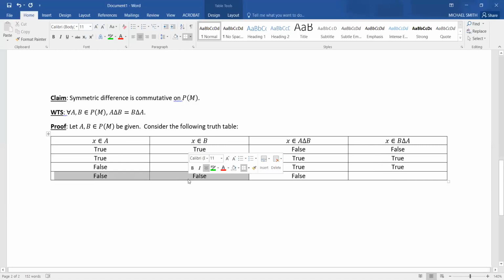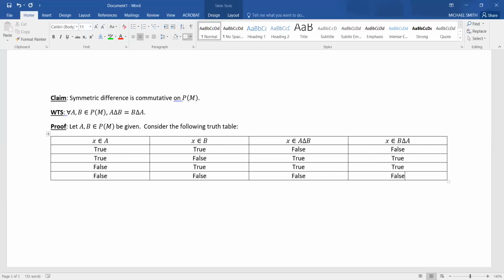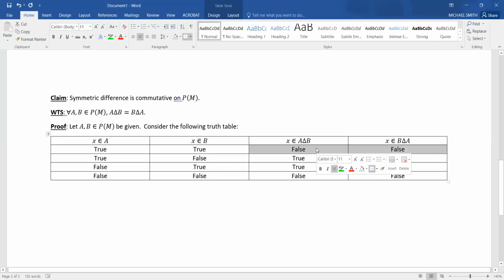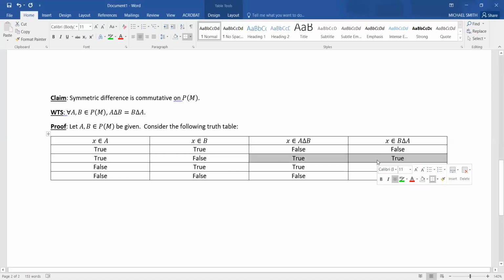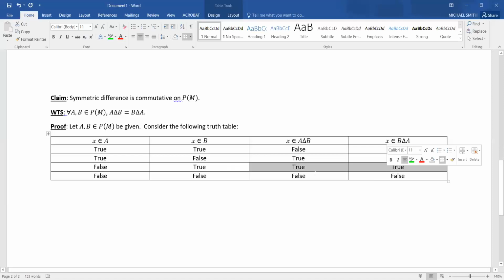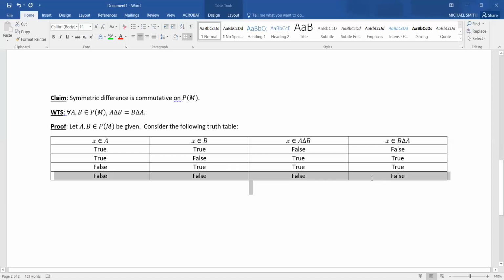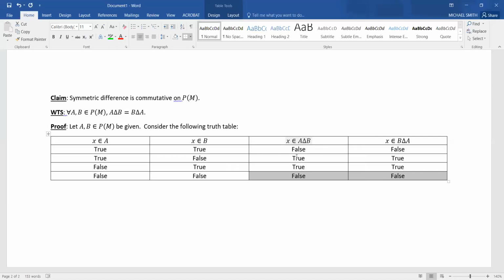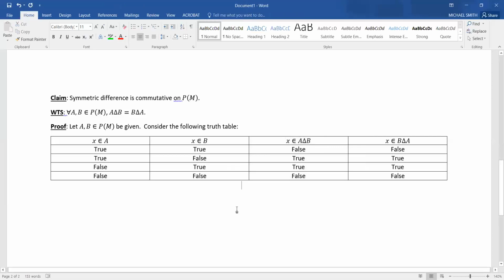False exclusive or false is false because none of them are true. So now we look at our truth tables. They match, this row matches, this row matches, this row matches. Therefore, x is in A symmetric difference B is logically equivalent to x is in B symmetric difference A.